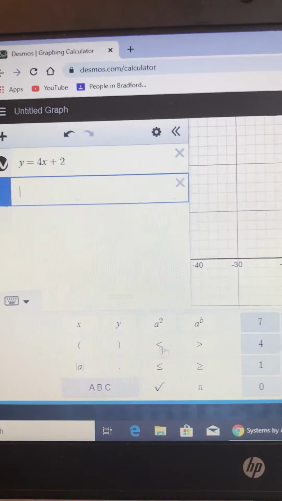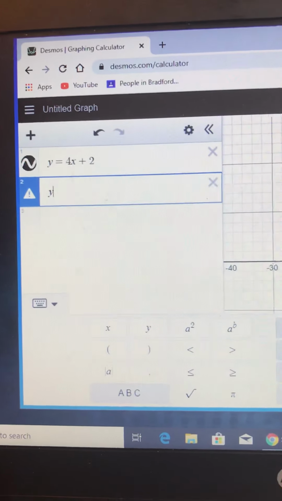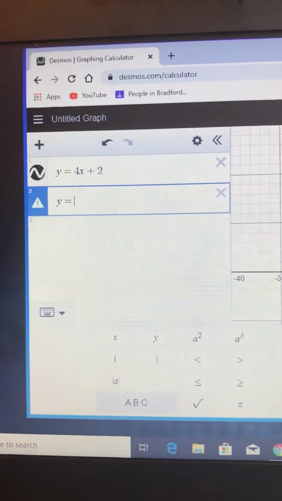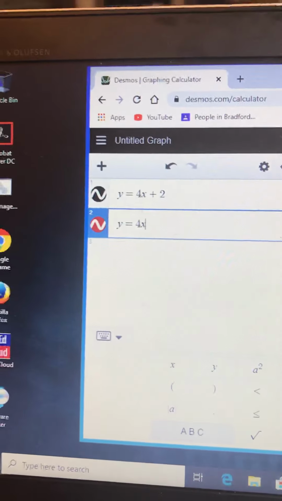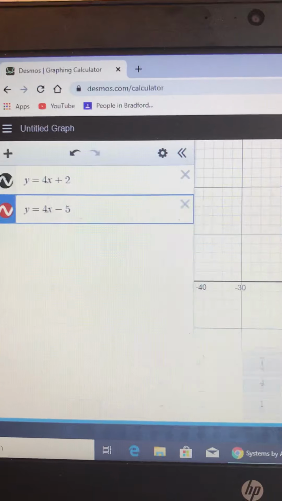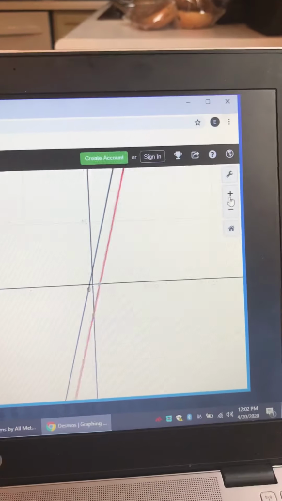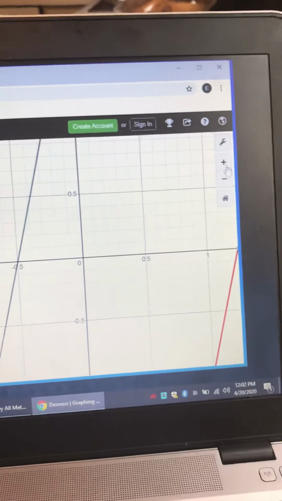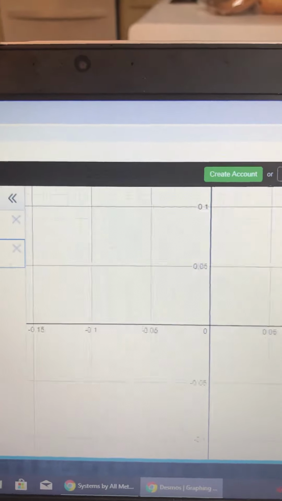Bear with me while I type this in. You can see that there's no intersection point even when we zoom out. You can zoom in and see that our graphs are indeed parallel. The zoom out and zoom in keys allow you to see that graph. So that has no solution.